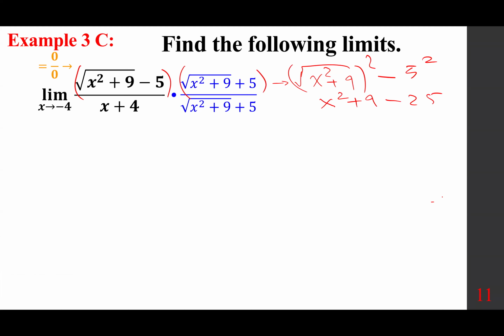And again, I remind you that minus 5 quantity squared is 25, but minus 5 squared is minus 25. And so these two add up to x squared minus 16.